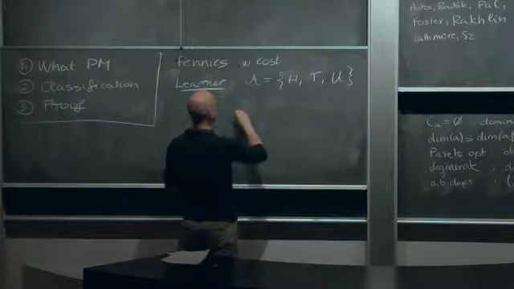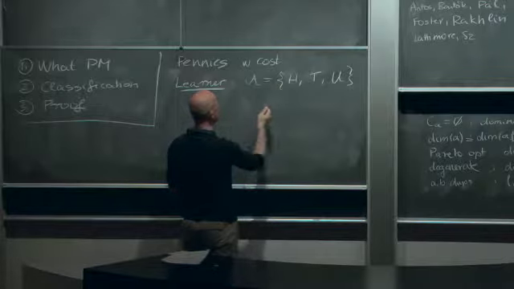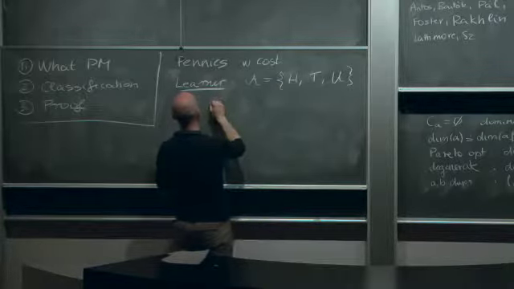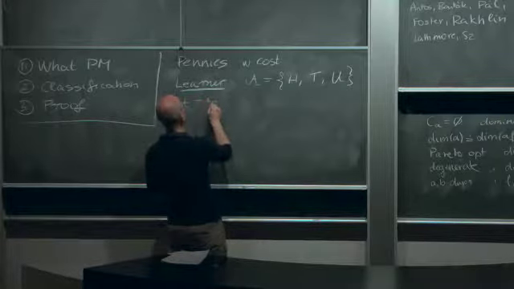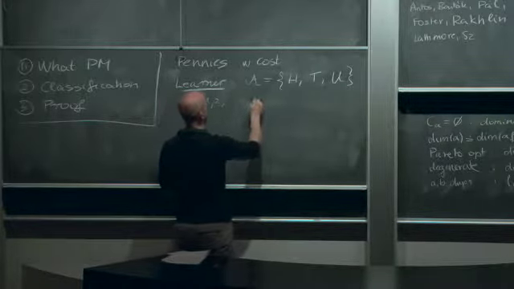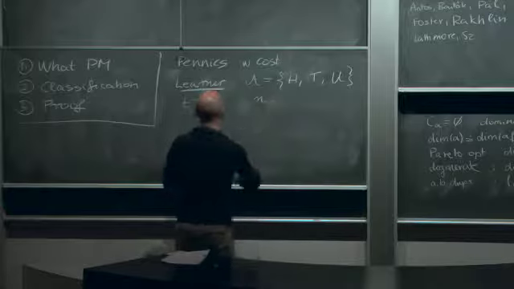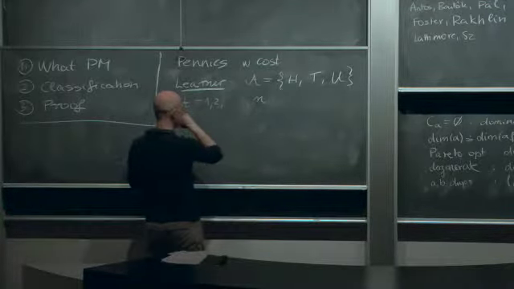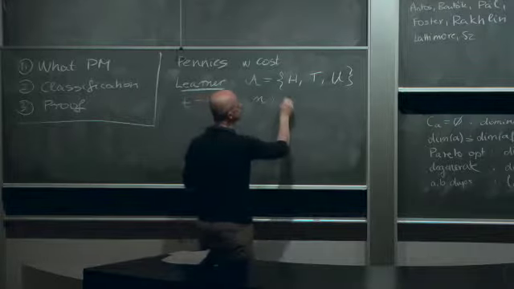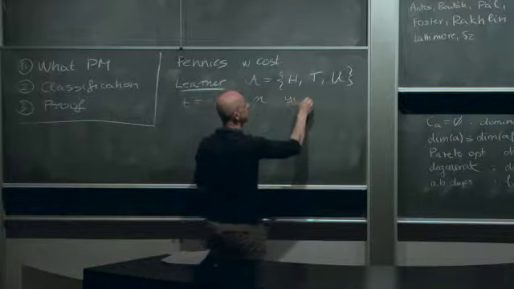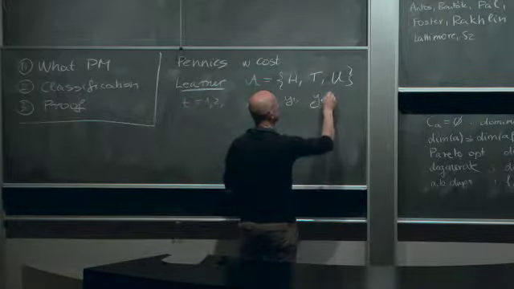The environment has two options. Time goes by in discrete steps from 1 to n, and at time t, the environment is going to have its choice. Actually, let's think about it this way: the environment makes its choices ahead of time, so that's easier to think about.